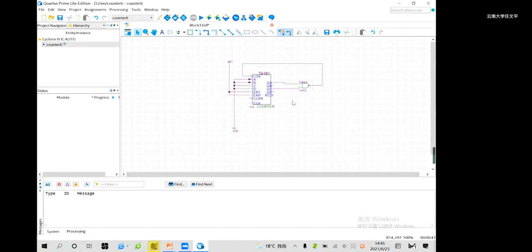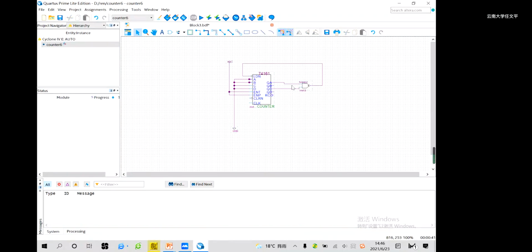So the counter value is 6. The circuit must be like this. When the output is 0101, these two inputs are 1, 1, which pass through the NAND gate and produce a 0 signal.